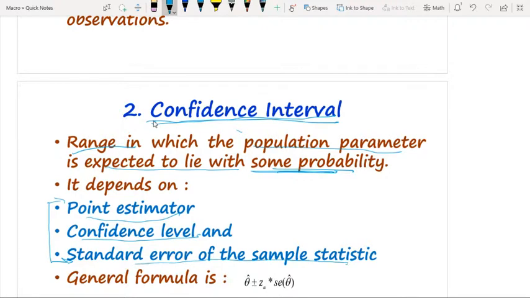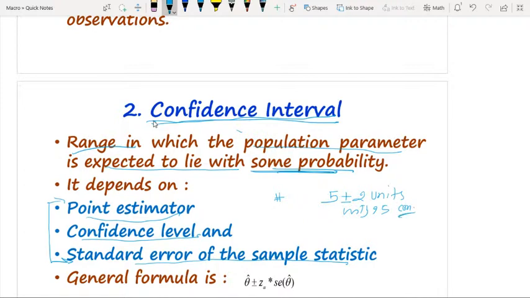So for example, while constructing a confidence interval, we say that the population parameter lies within 5 plus minus 2 units with 95% confidence.